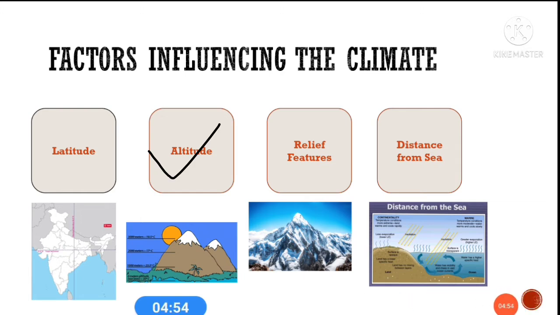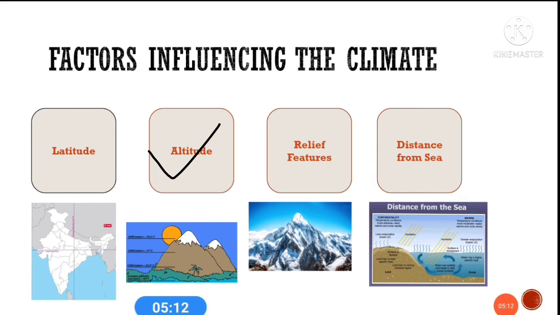Now altitude also plays a very important role in controlling the climate of India. We know that temperature decreases with increase in altitude. Let's take an example of Srinagar and Delhi. Srinagar is colder than Delhi.